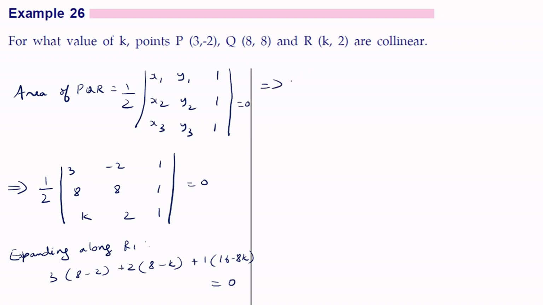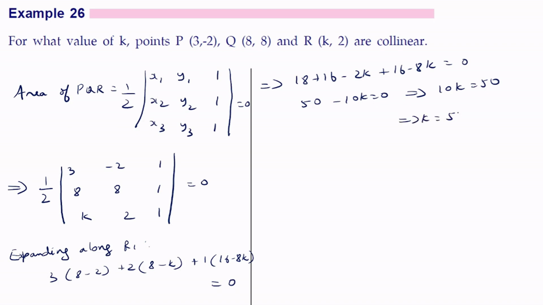So from this we get 18 plus 16 minus 2k plus 16 minus 8k equal to 0. So this is 50 minus 10k equal to 0, or 10k equal to 50, k equal to 5. Therefore, the condition for the value of k so that these 3 points are collinear is that k should be equal to 5.